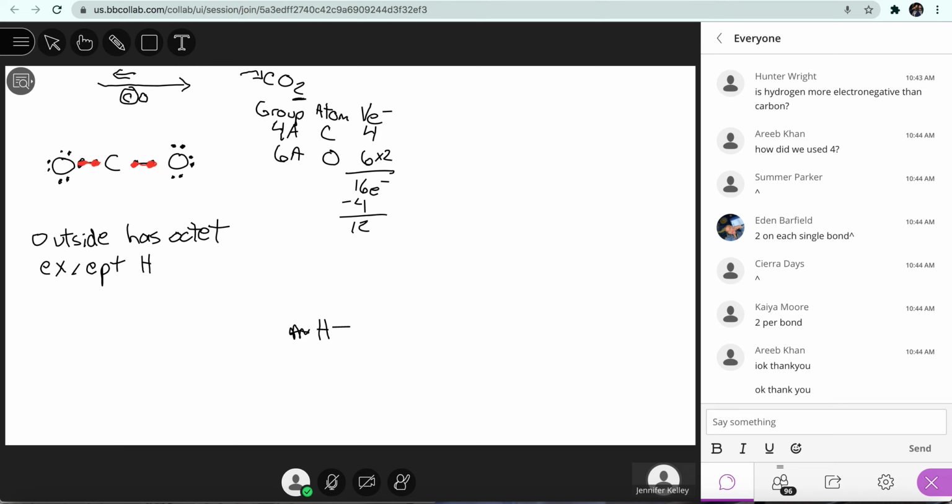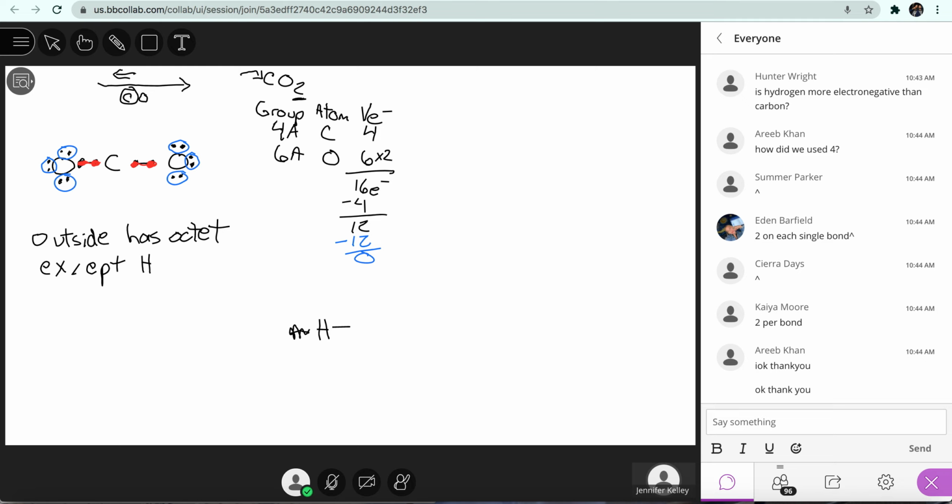So I only have 4. All right. Now, also I skipped a step where we've got to count up how many we've used now. So we used 4 to start with, and then now we have 2 more, 4, 6, 8, 10, 12. So we don't have any extra electrons to put on carbon to make an octet.